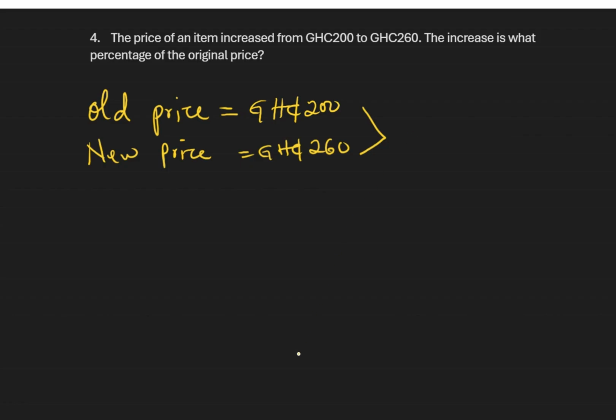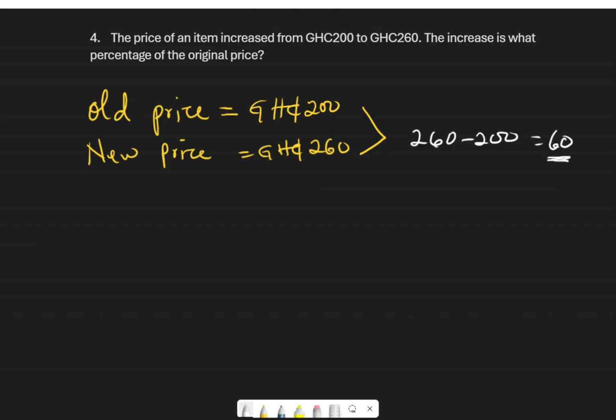Or what is the increase in value? To get an increase, you subtract the old one from the new one, or you subtract the smaller one from the bigger one. So we have 260 minus 200, and that gives us 60.